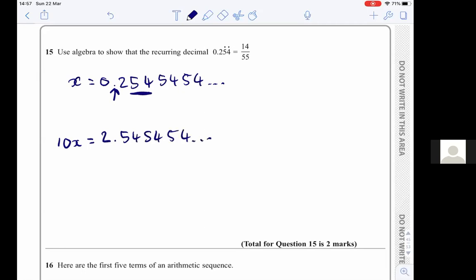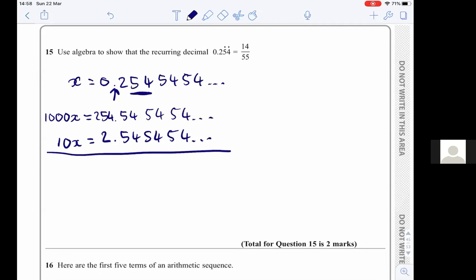54 going on forever. And if I think about this a little bit more, if I move the decimal 2 more places, then I'll get another recurrence of 54. So that's if I times by 10 again twice, or make it up to 1000x. So this will be 254.545454.